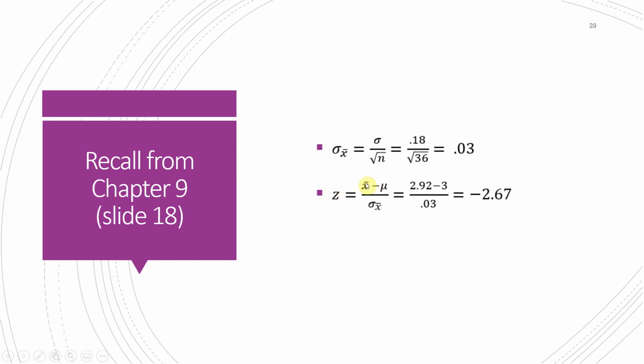We compared the point estimate 2.92 to 3, the population parameter, how much the can had to be filled with. Then we divided by the standard deviation of the sampling distribution, which is a standard error, calculated as sigma divided by the square root of n. We plugged that value in and calculated a test statistic which we could use to calculate probability.